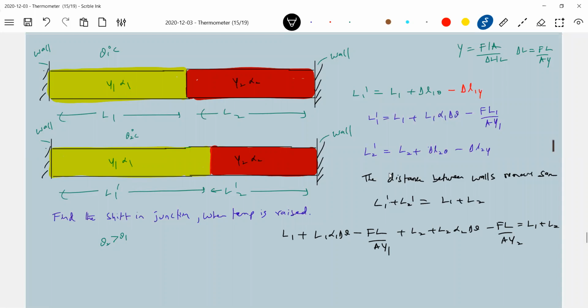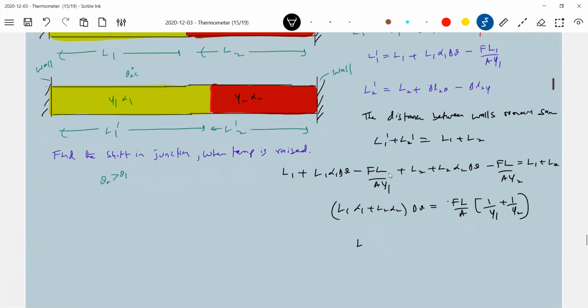Okay, what is the question? Find the shift in the junction is asking. For that, I need F. So therefore, L1 alpha 1 plus L2 alpha 2 delta theta is equal to FL by A times 1 by Y1 plus 1 by Y2.